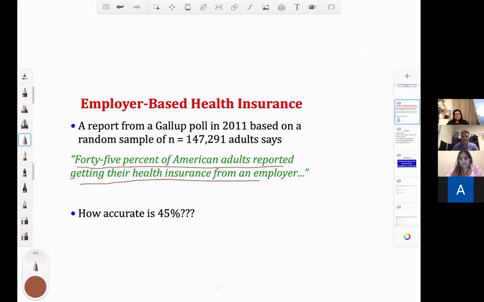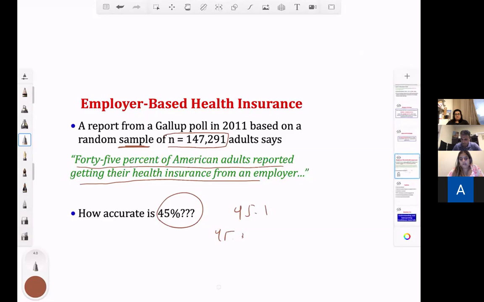That's not possible. They deal with a sample. They pick a sample, around 150,000 people. Now the question is, how accurate is 45%? Is that for sure 45%, or is it 45.1% or 45.3%? All right, so we need to ask them. Let's keep this question here.